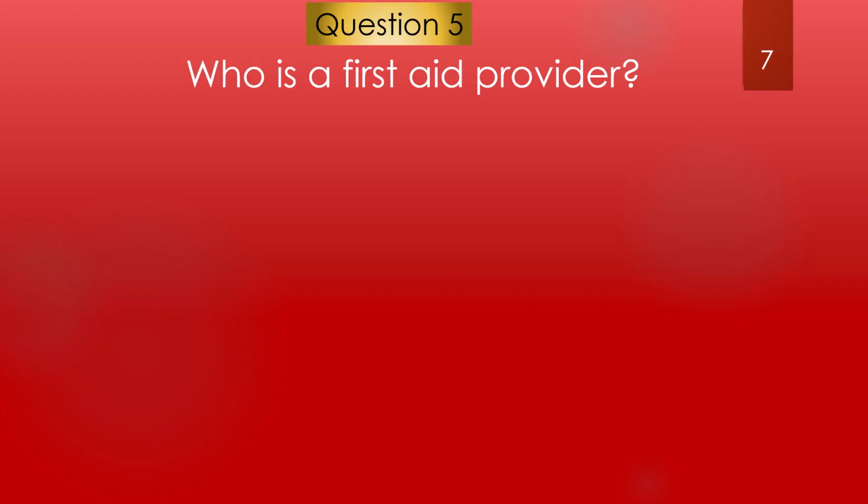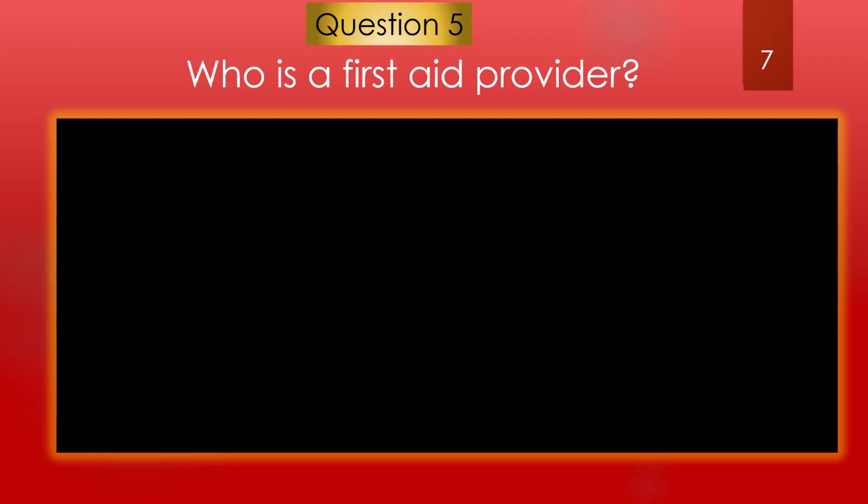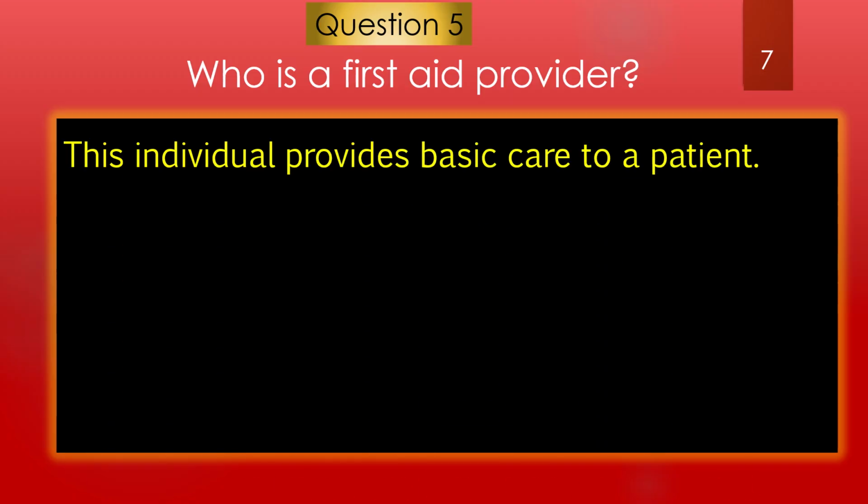Who is a first aid provider? Who is a first aid provider? This individual provides first aid or basic care to a patient. So a first aid provider is an individual who provides basic care to a patient.